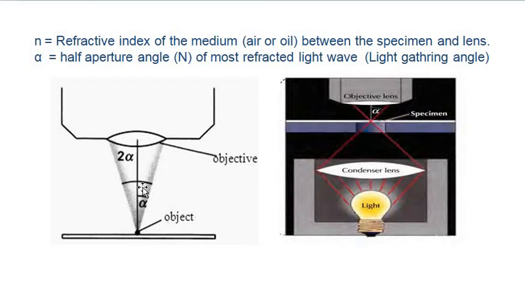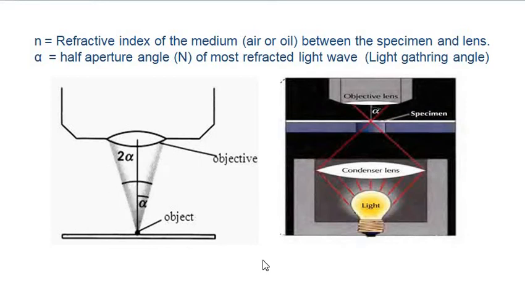So here the refractive index, n, defines the angle of the light. The medium between the object and objective lens is important to get a clearly resolved image under the microscope. Alpha is the half angle of the refracted light wave.